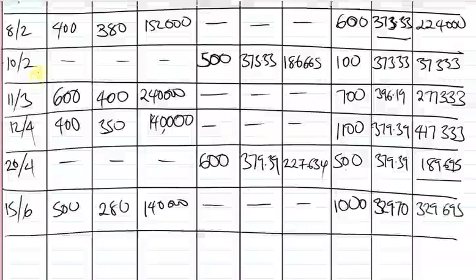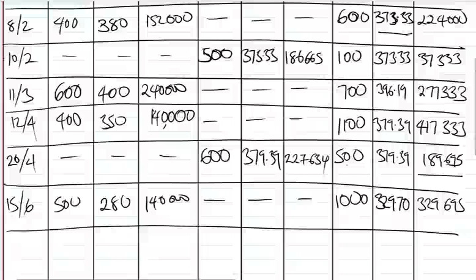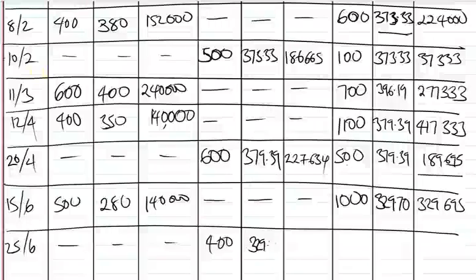So we'll go to the last transaction, which will happen on the 25th of June, which they sold 400. This will be based on the recently calculated weighted average, which is 329.7.